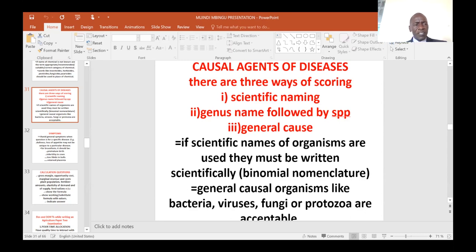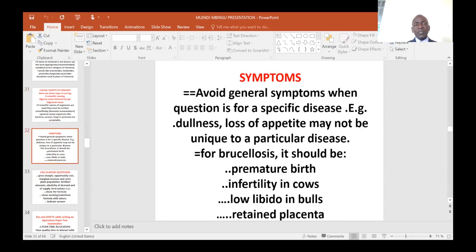Now, having said that, it is also common to find questions on symptoms. When you are asked the symptoms of a given disease, avoid general symptoms. In other words, symptoms that apply to many other diseases.